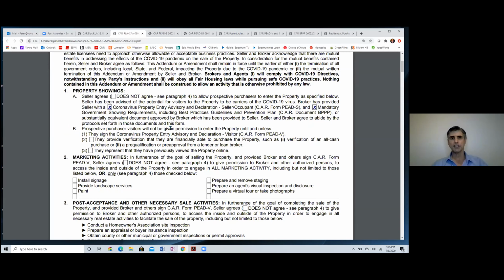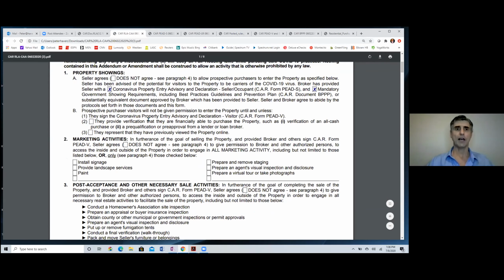So there are things here that your seller can decide what they want to do, and the default under the agreement is that the seller agrees. For example, the seller agrees to allow prospective purchasers to enter the property, or the seller does not agree.